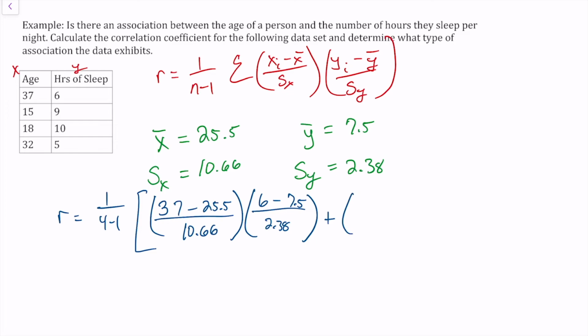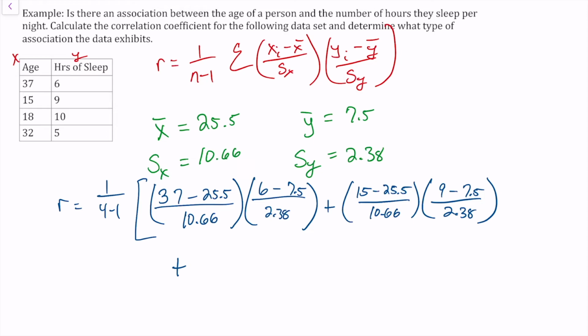My x value is 15 minus my x mean of 25.5 over my standard deviation of 10.66, times the second y value, 9 minus my y bar of 7.5, over 2.38, plus, I'm running out of space.